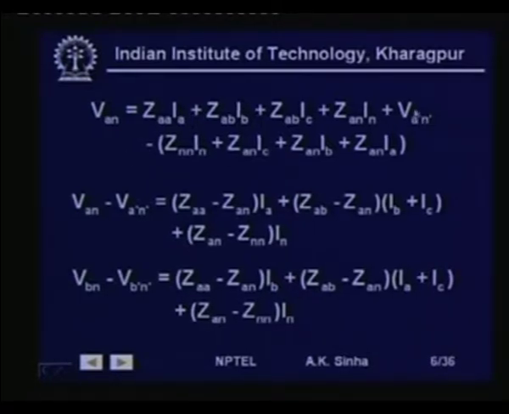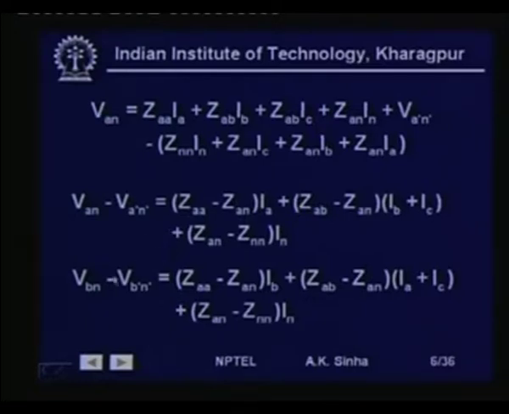If we take VA dash N dash on this side, then VAN minus VA dash N dash is equal to, arranging in terms of IA, IB and IC, ZAA minus ZAN into IA, plus ZAB minus ZAN into IB plus IC, because this will be the same for IB and IC, plus ZAN minus ZNN into IN.